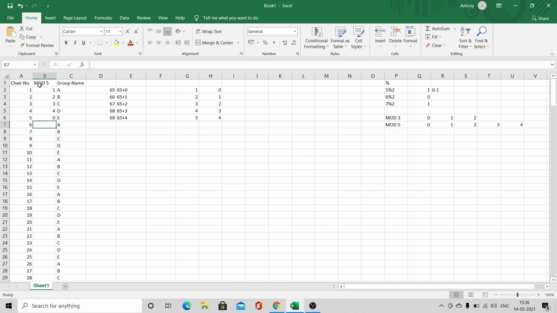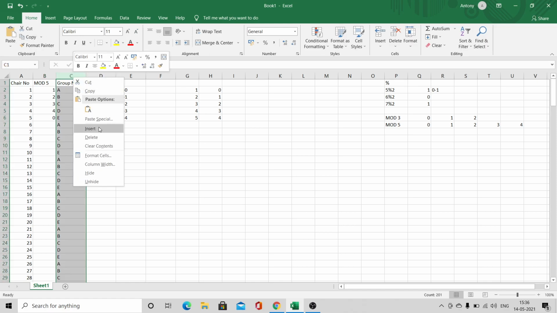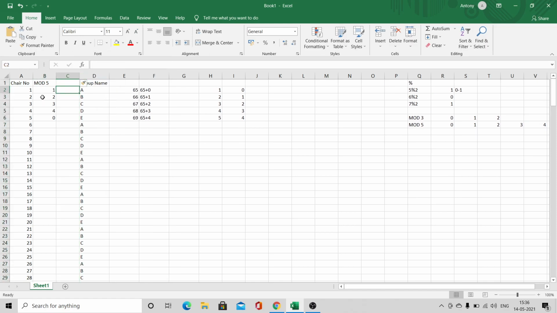Okay, so if I apply mod 5 directly to the input value, what I'll be getting is 1, 2, 3, 4, 0.